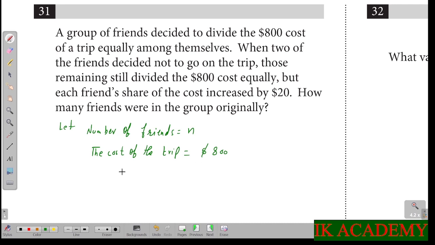So if we divide 800 divided by n, we can get the amount each person has to pay. So now what happened?